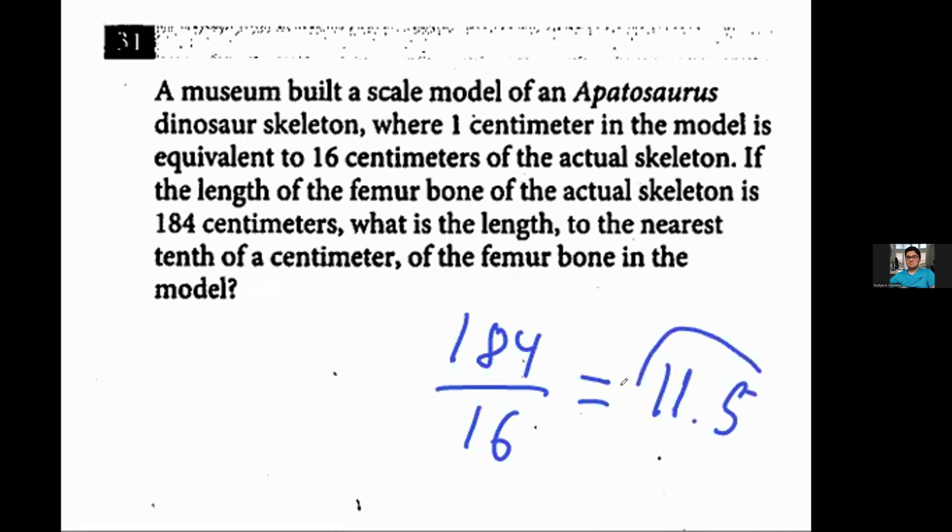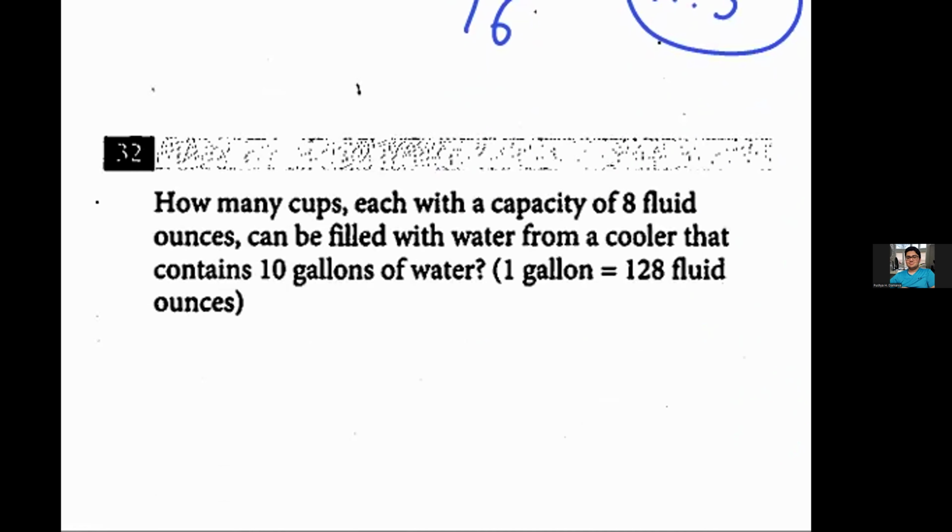Yeah, that's 11.5. So the correct answer is 11.5. You could have also put 23/2 as an answer, and they would have accepted that as well. But I write decimals in this case. All right, question 32.